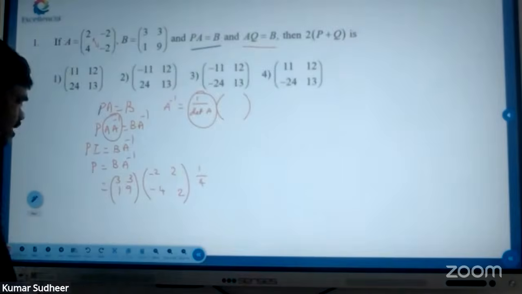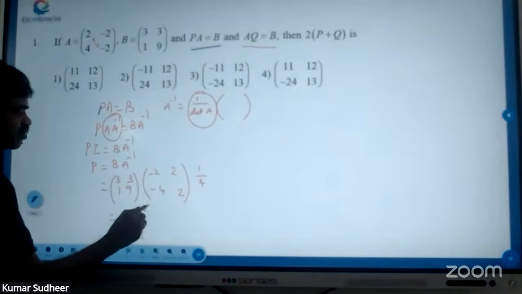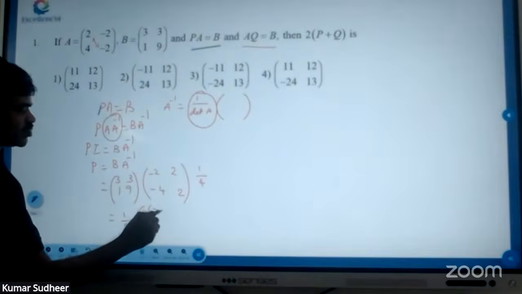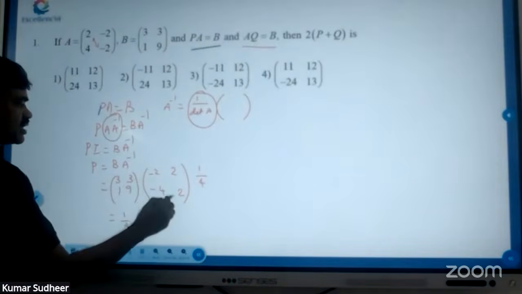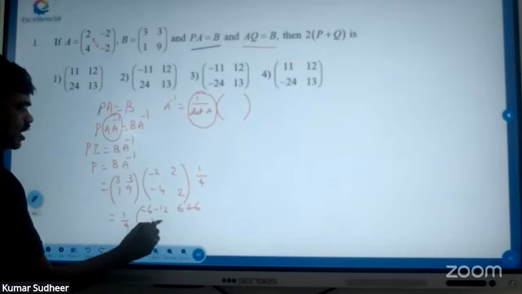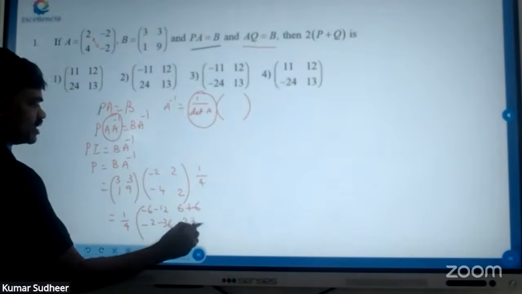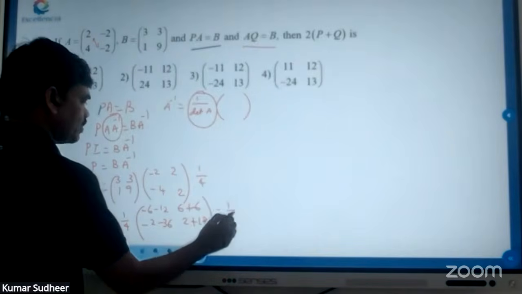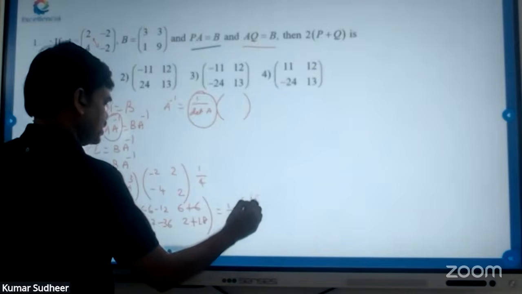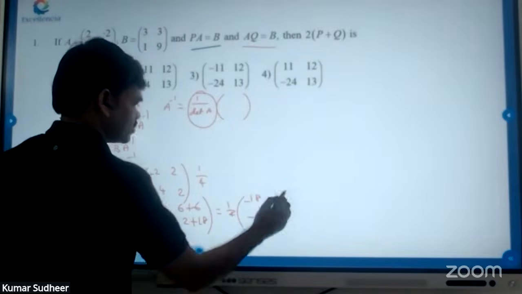Now we can multiply these two matrices. So I can get 1 by 4 into the multiplication of these two matrices. Minus 6, minus 12. Again, this is 6 plus 6. Minus 2, minus 36. Next we have 2 plus 18. So this will give you minus 18, 12, minus 38, 20.